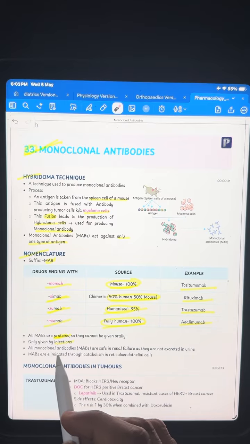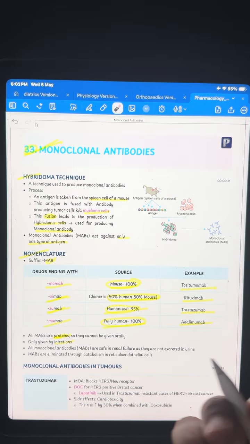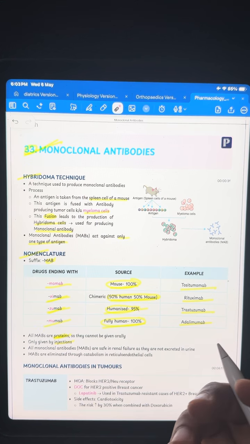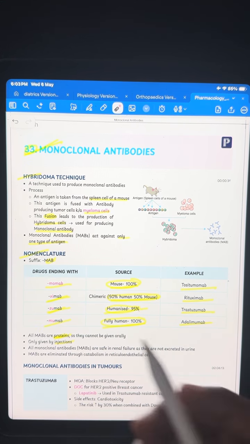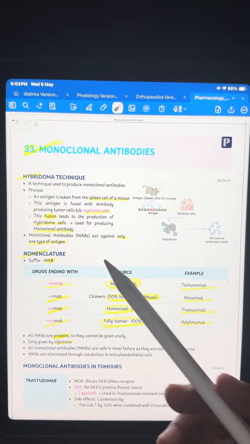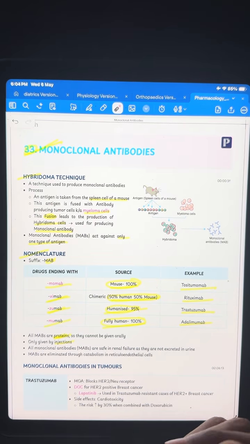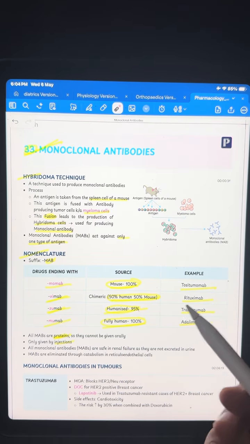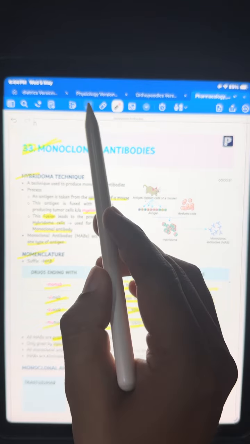It is mostly given through injections, because it is protein, and in our body there are peptidases and other enzymes which degrade peptides or proteins very easily, so you cannot take it orally. You will have to take it through injections, so it will go to the blood and to the target cells directly without being metabolized in between.